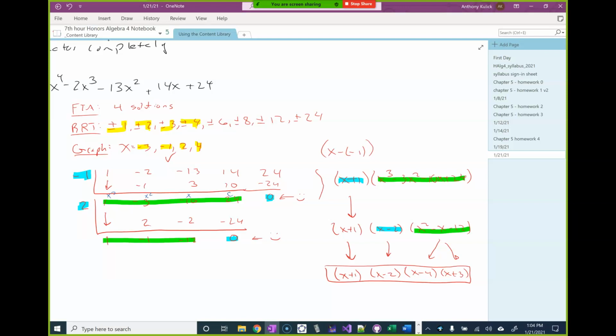So let's say we have x to the 4th minus x cubed minus 2x minus 4.